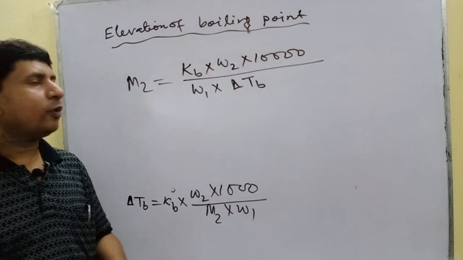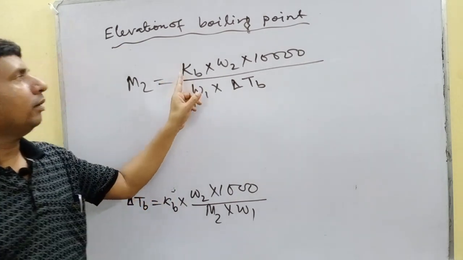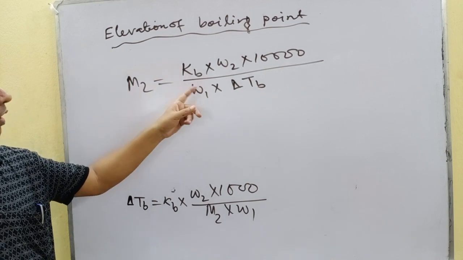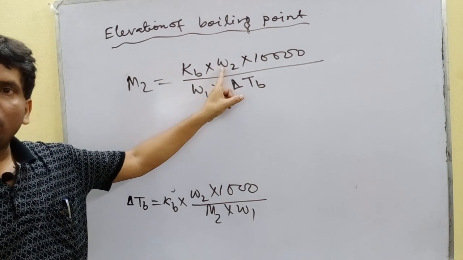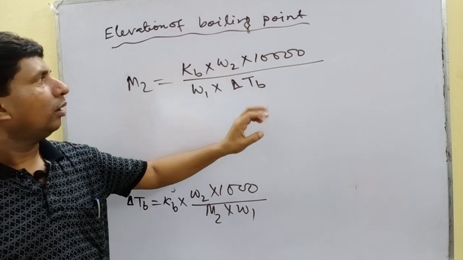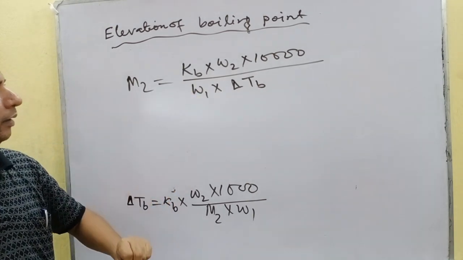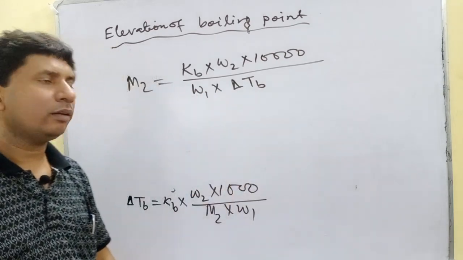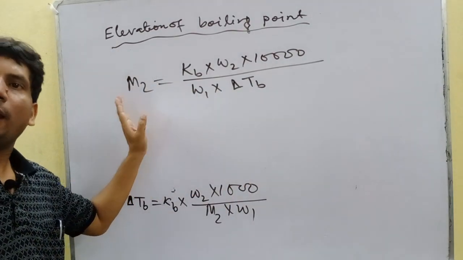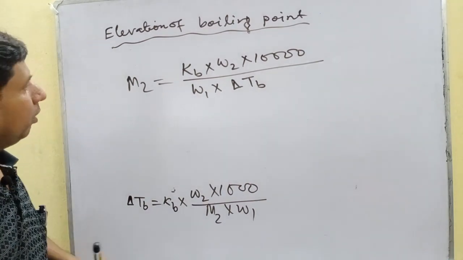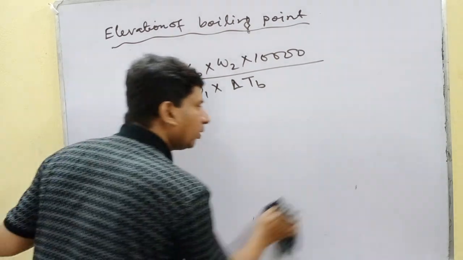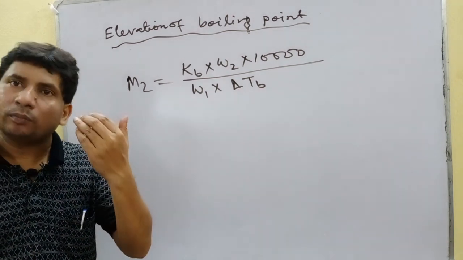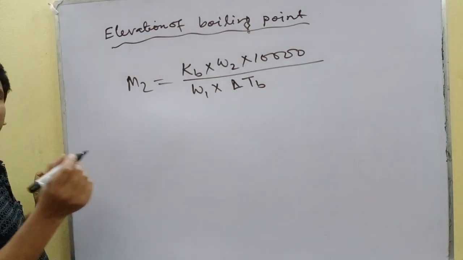Now if we know the elevation of boiling point constant, the weight of the solute in W1 gram solvent, and the difference of boiling point, that means the elevation of boiling point, then we can readily calculate M2. Clear?